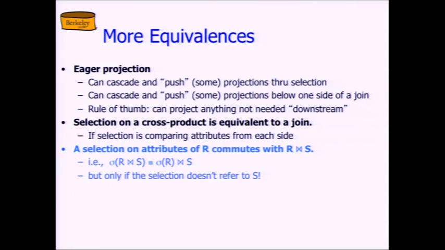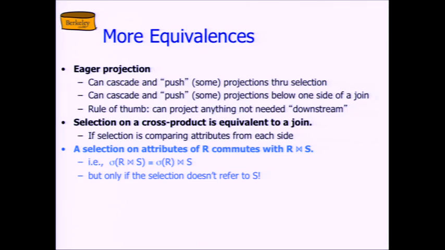We would rewrite this as project of I over project of I comma A over select of A equals 4 over T, and then we would push that down there. So this is cascade of projections, and this is commutativity of projection and selection. Okay? Make sense?